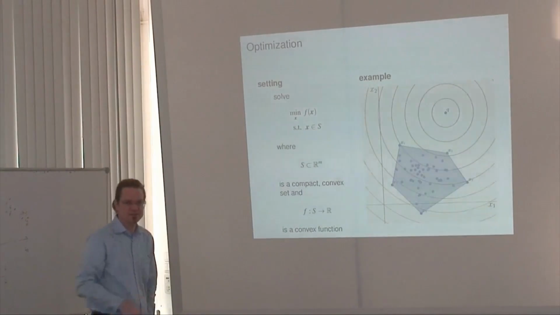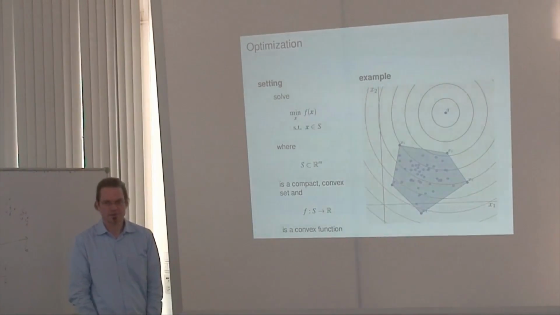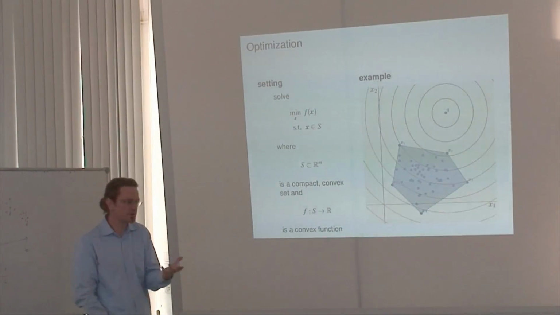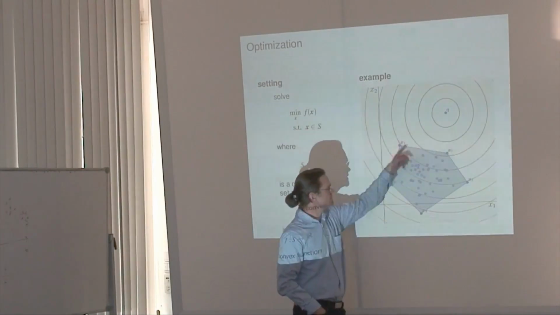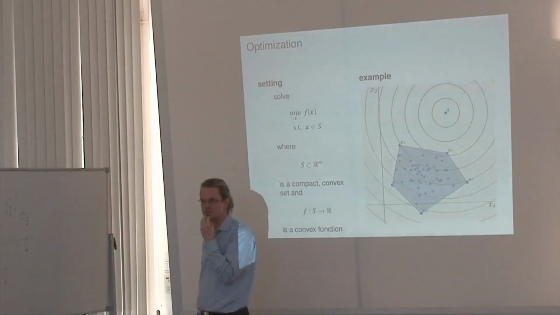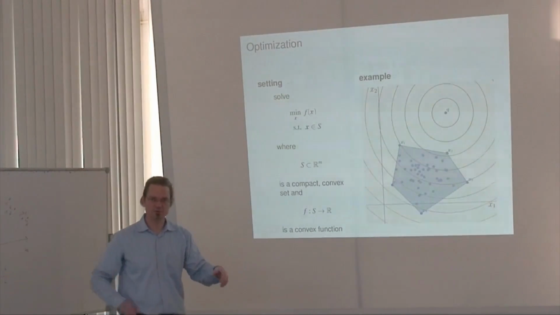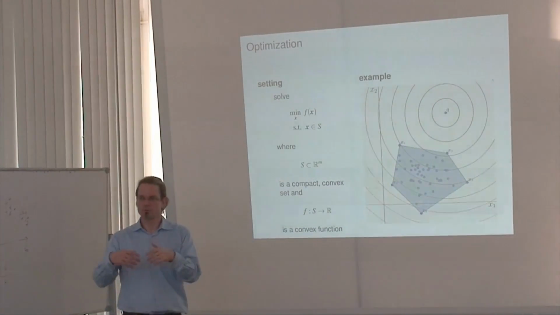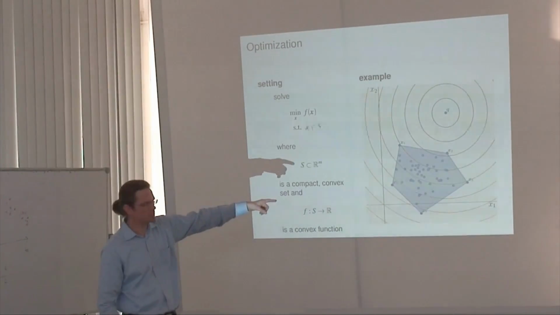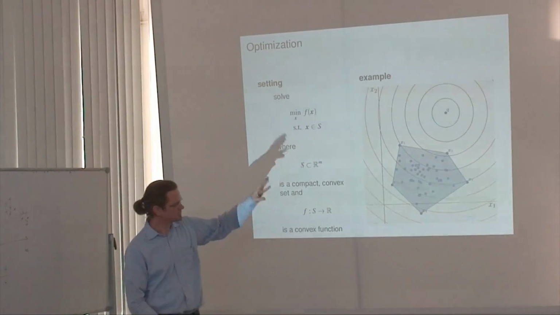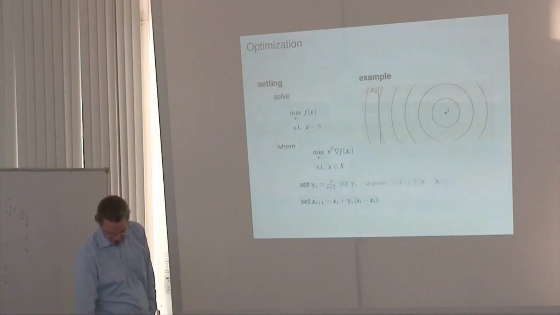And this is exactly the setting we were dealing with. When we are looking for the closest point inside the convex hull of these 5 vertices, that is the minimization problem of minimizing a convex function, squared distance, over a compact convex set. This is a compact convex set. So the problem is already familiar to us.